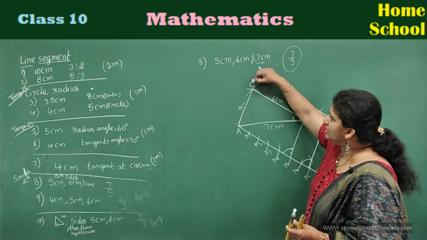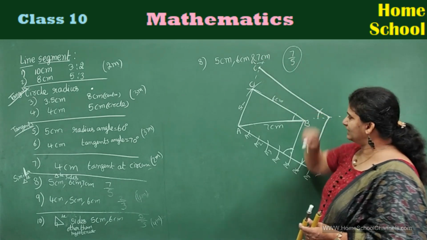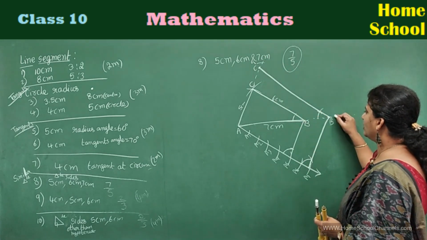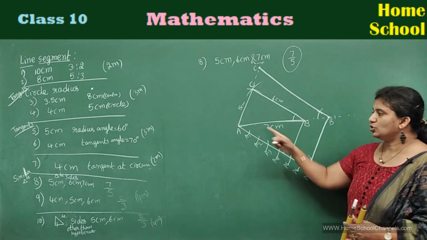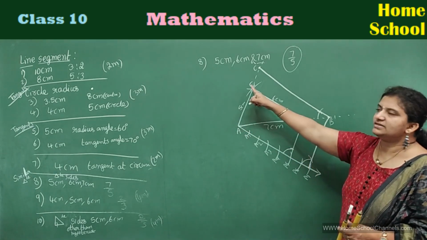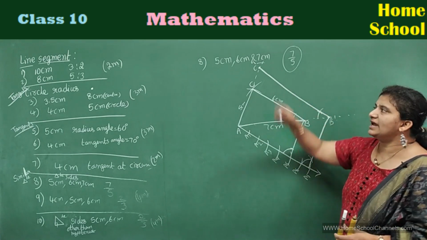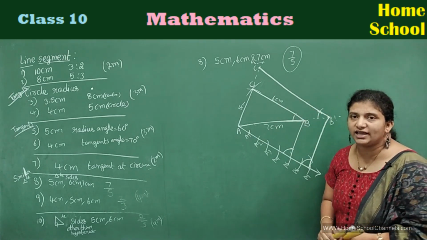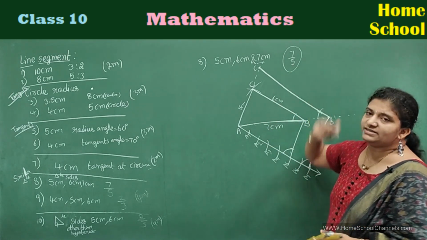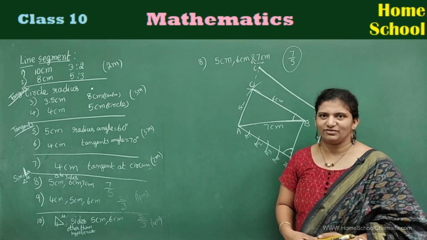So observe here, C extension, C dash. B extension, you can mark B dash. So ABC is the original triangle and AB dash C dash is the corresponding triangle having sides in the ratio 7:5.